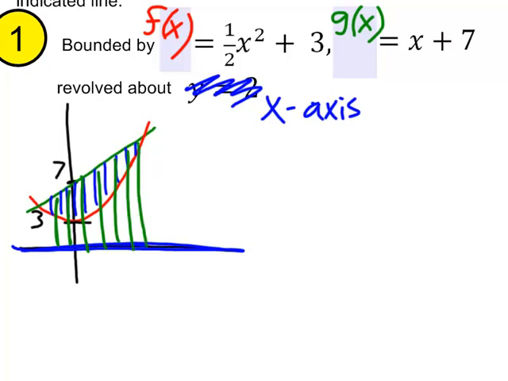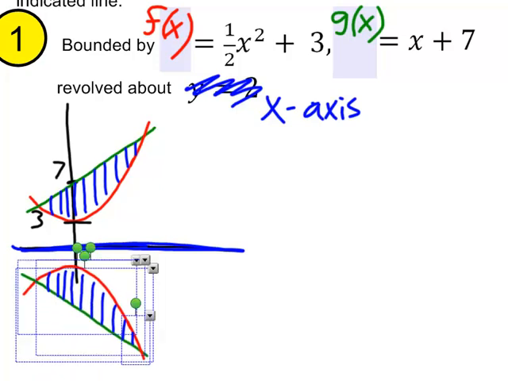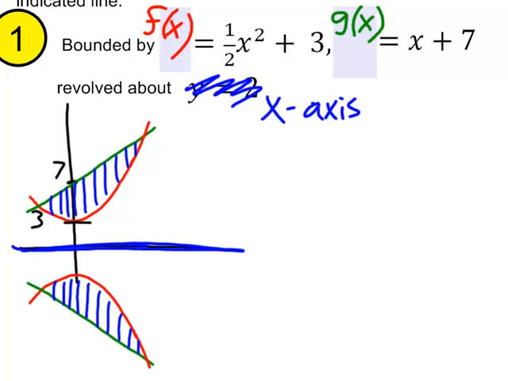G of x would give us those radii, and f of x, without any alteration, without any modification, would give us the radii of this volume here. And we'd end up with a profile that was just mirrored across the x-axis. It would look like this. And we could tell that we would need the washer method because there's this big hole right down the middle of the shape.